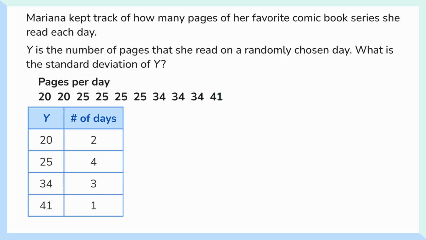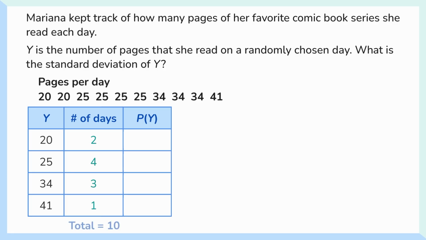Great! Now let's find the expected value. Wait a minute. Before we can calculate the expected value, we'll need to find the probability of each data value. First, we'll need to find the total number of days. 2 plus 4 plus 3 plus 1 is 10.